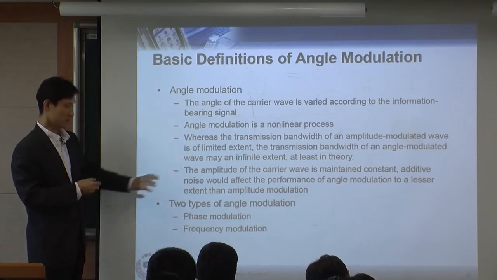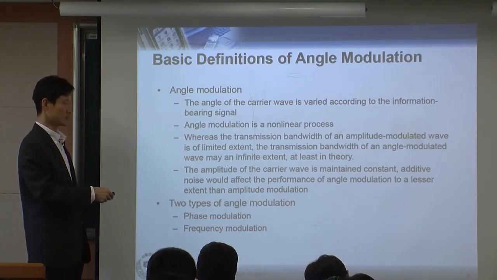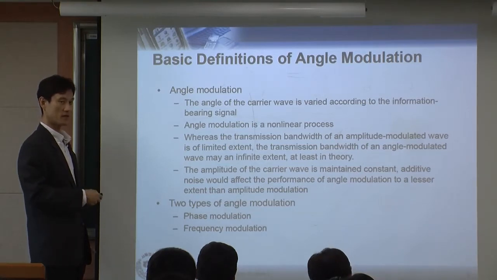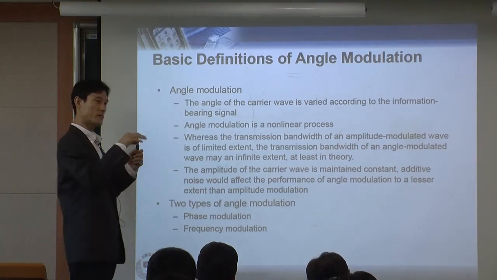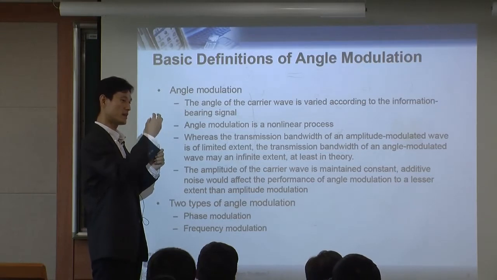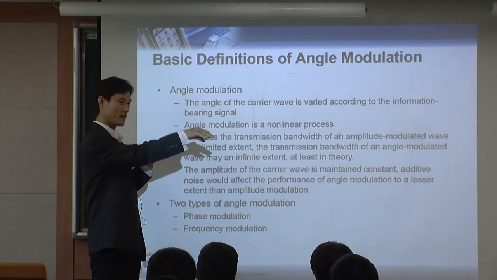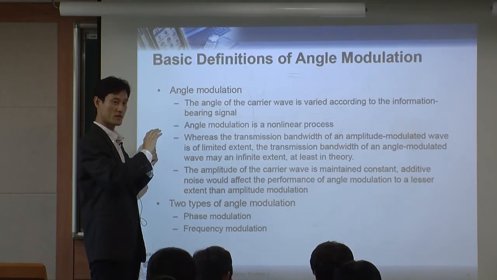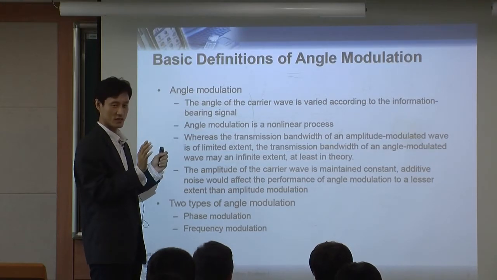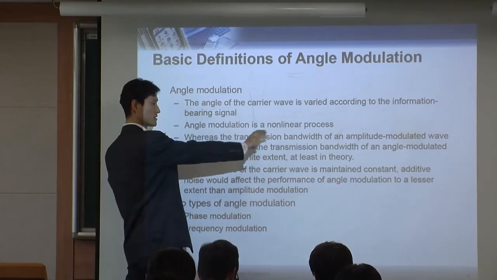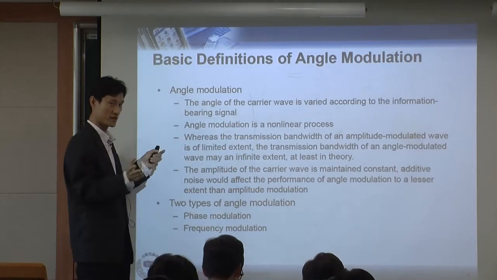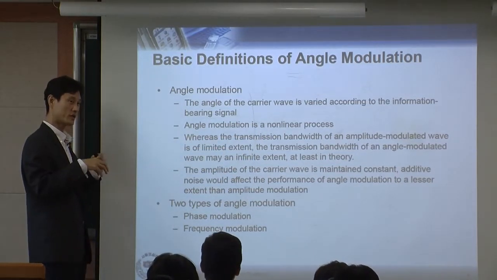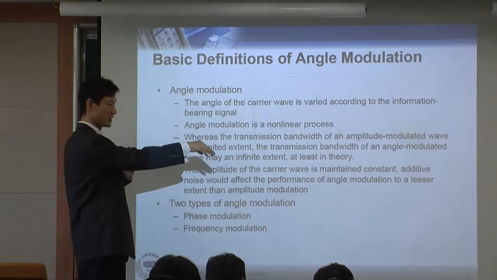The next thing here, it says the amplitude of the carrier wave is maintained constant. Why is that? Because your message is not in the amplitude. Your message goes to the angle. So the amplitude is the same as before, right? Because with amplitude, we didn't touch anything. So the amplitude remains constant because we didn't change anything. What we're going to do is put the message into the angle.